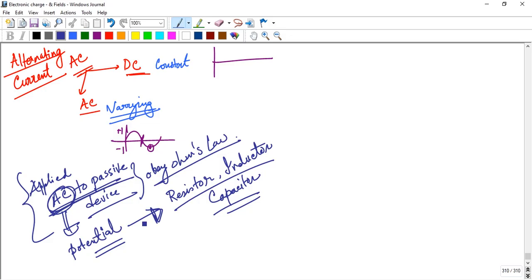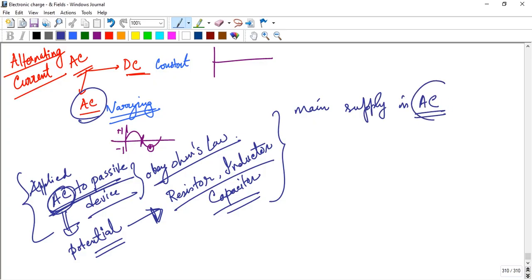The whole world's main supply is AC supply. Why AC, not DC? Because in our home, office or university, some devices need very high voltage and some need a very small amount of voltage.